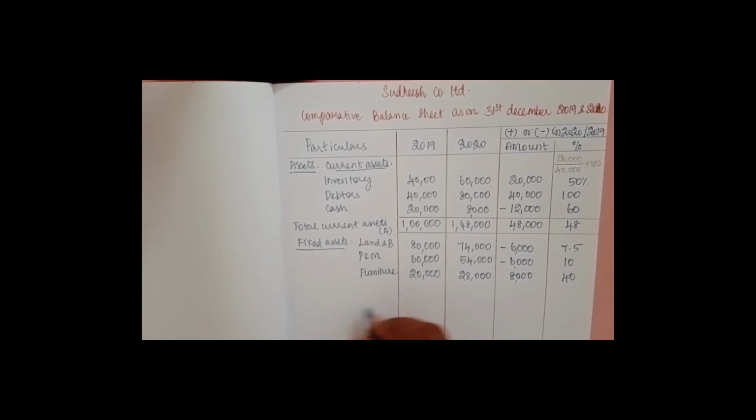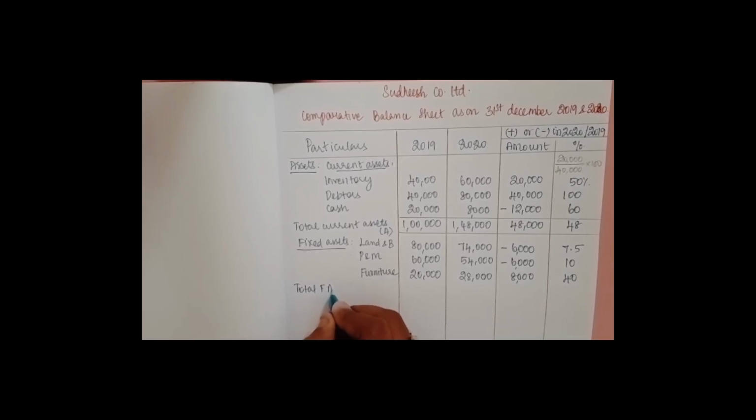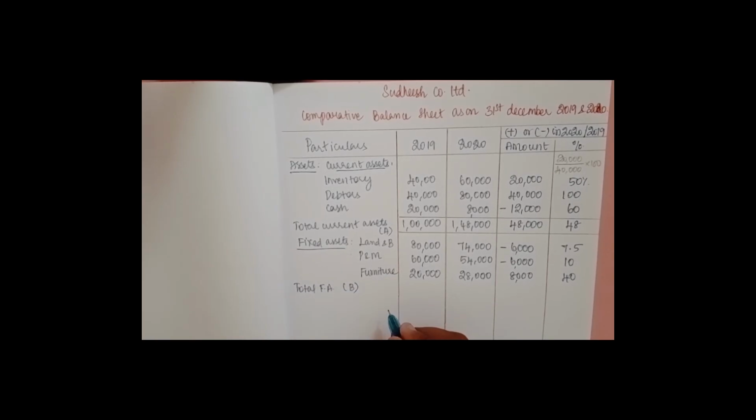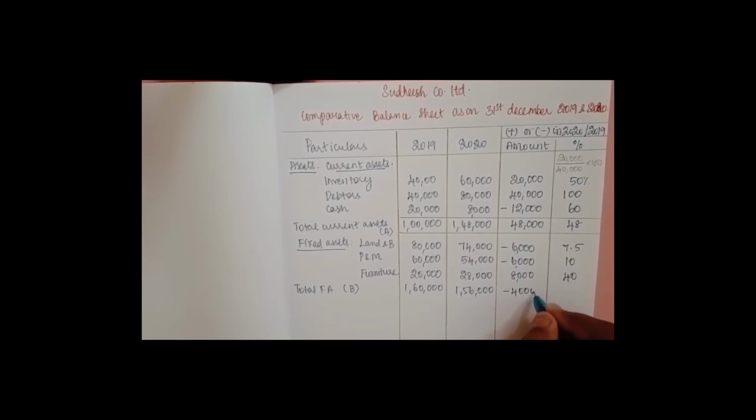The total fixed assets, let's keep this total as B, is 1,60,000 and 1,56,000. So it has decreased, minus 4,000, and the percentage would be 2.5.